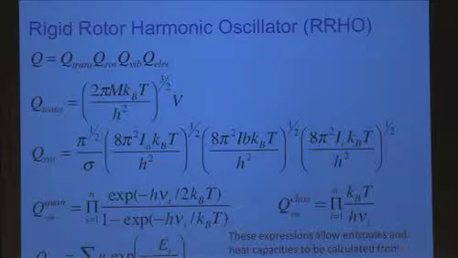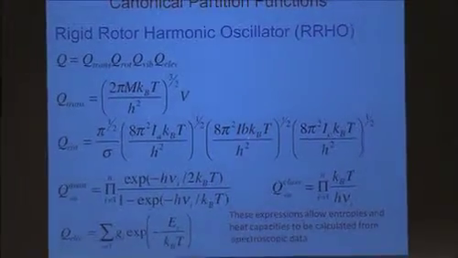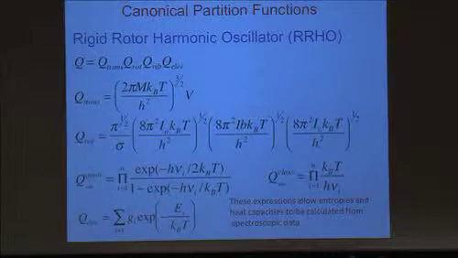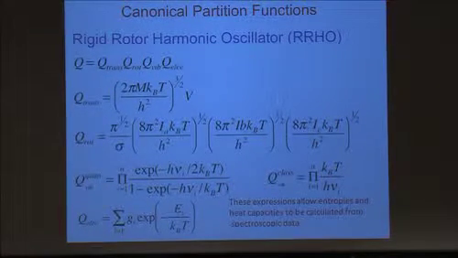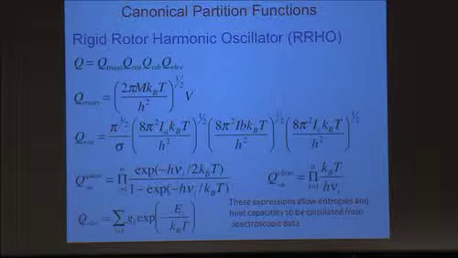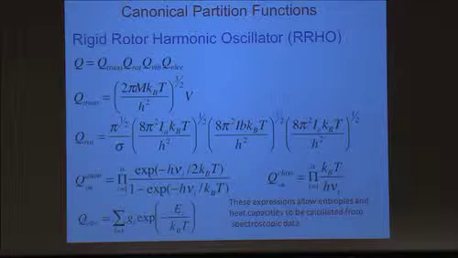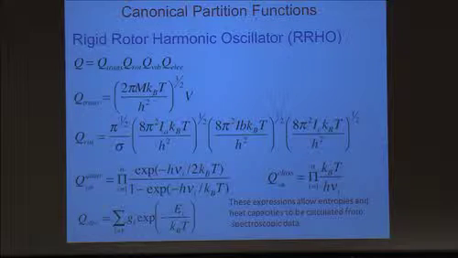I showed you this slide before. I still haven't corrected this. This should be I subscript B. And so these are the various expressions for the various types of motion: translation, rotation, vibration, electronic. And we talked about the relationship between these moments of inertia, IA, IB, IC, and the rotational constants that you get directly from spectroscopy.